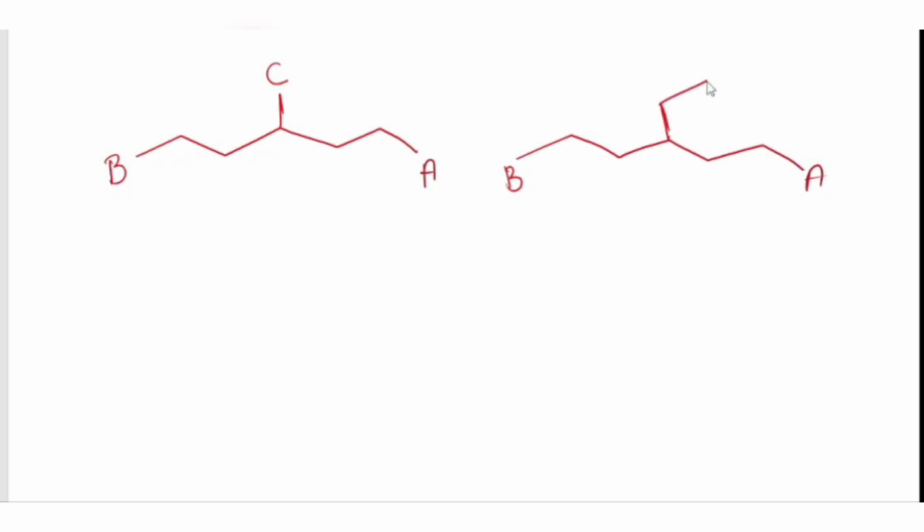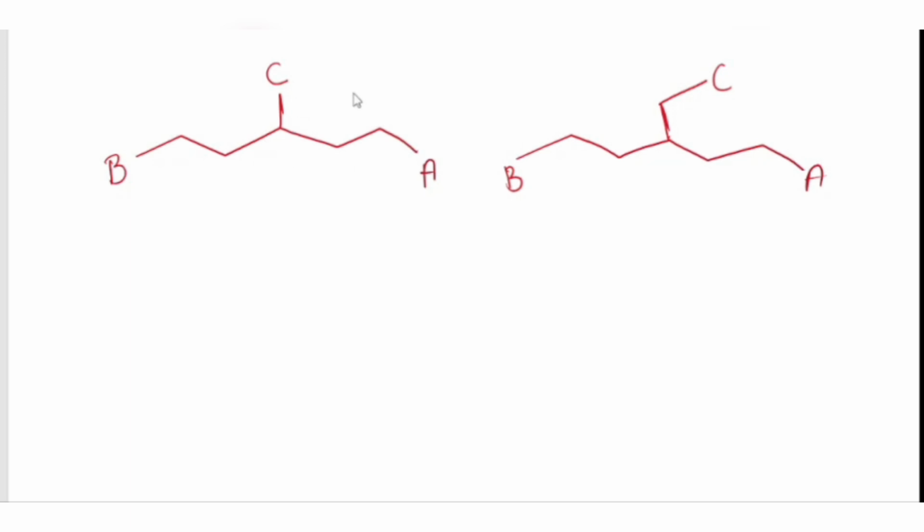Suppose this is the principal chain, and here A functional group is there and B functional group is there in the principal chain only, and the third functional group can attach directly like this. Or another case is, suppose here A is there and B is there, and the third can attach as a side chain like this. Here C is there.